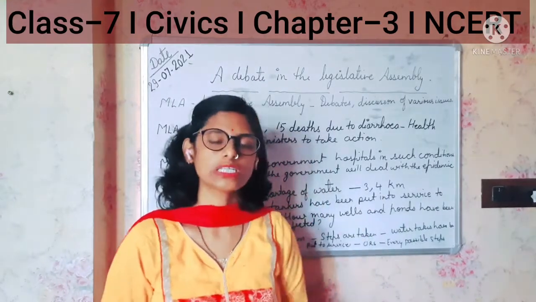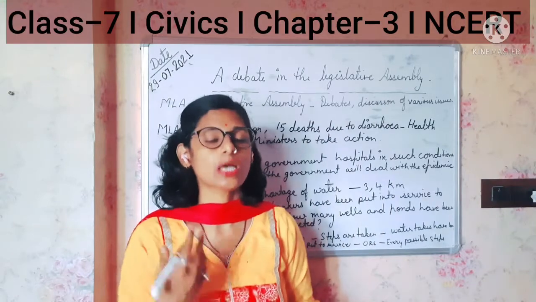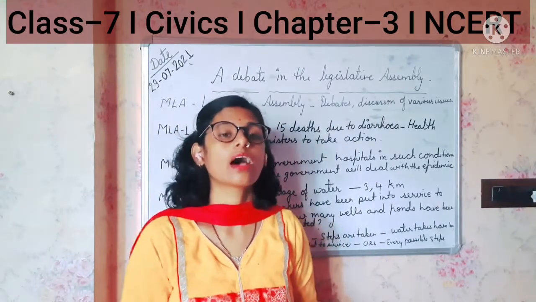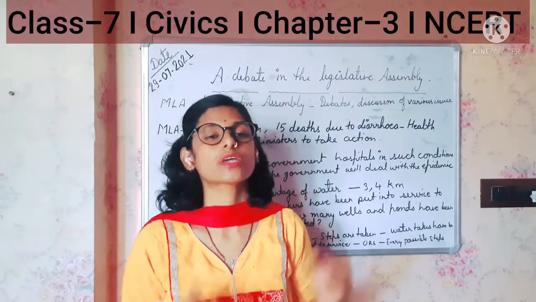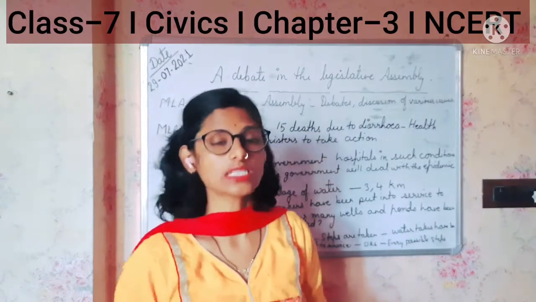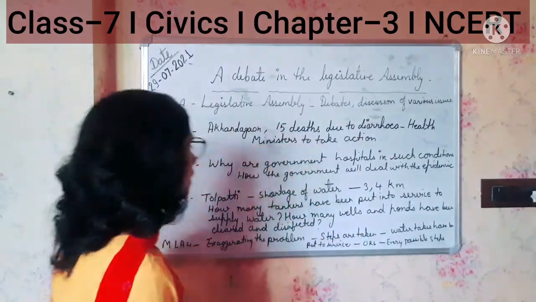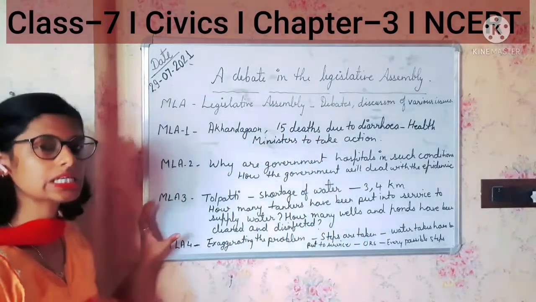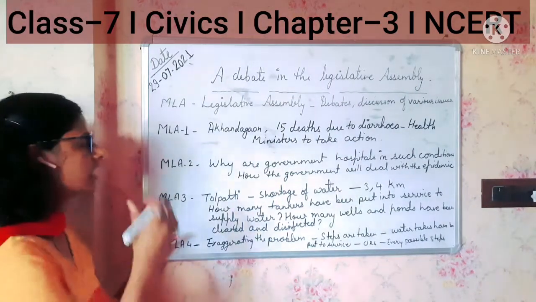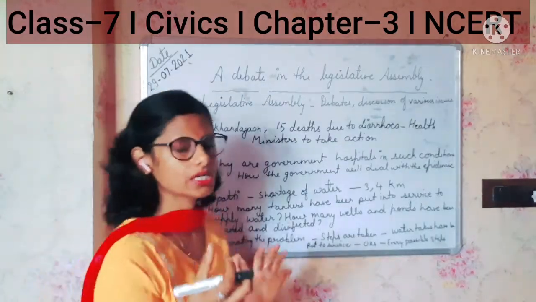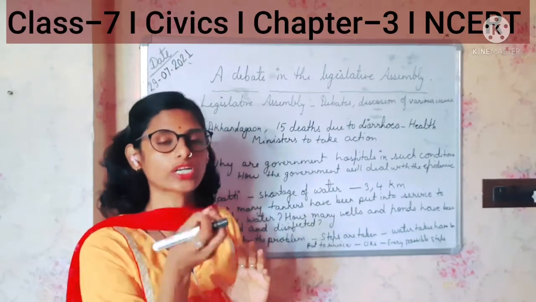Here we will discuss how the opposition party highlights issues in front of the government and asks questions. Here we have a discussion in the assembly on the topic of water shortage.